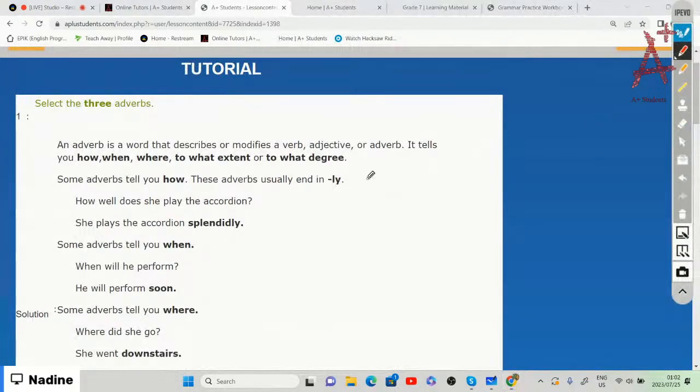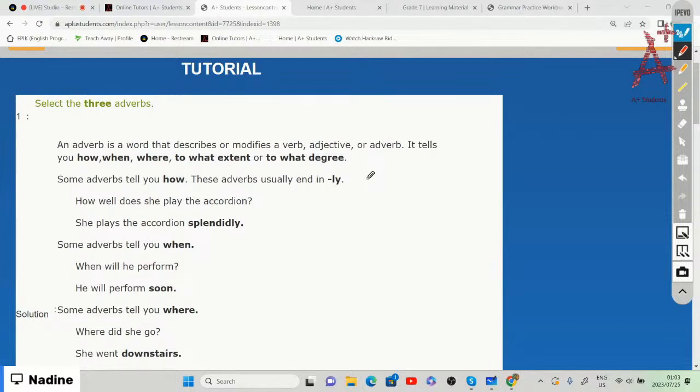So an adverb is a word that describes or modifies, or we can say tells us about, a verb. It also describes or modifies an adjective or another adverb. So it tells us how, when, where, to what extent, or to what degree.